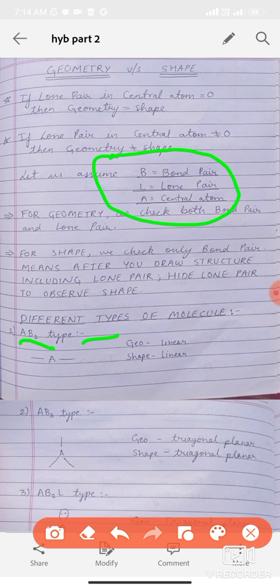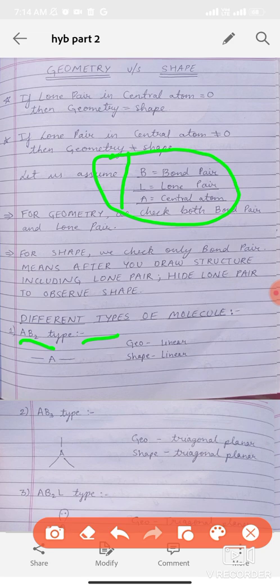So we will abbreviate the bond pair as B, the lone pair as L and the central atom as A. Let's move further. First molecule is AB2 type.